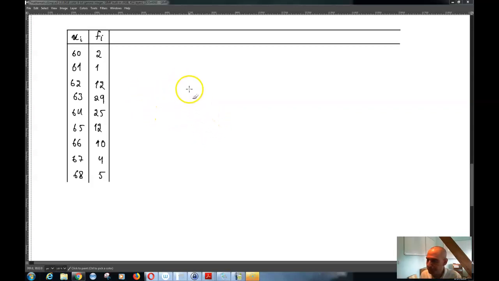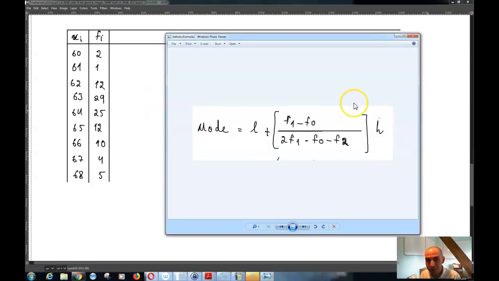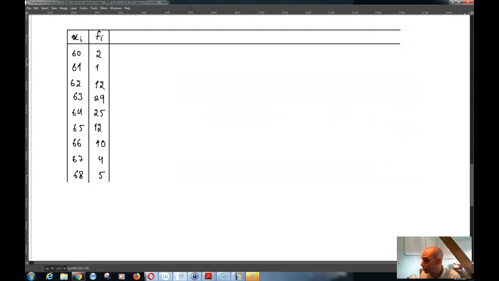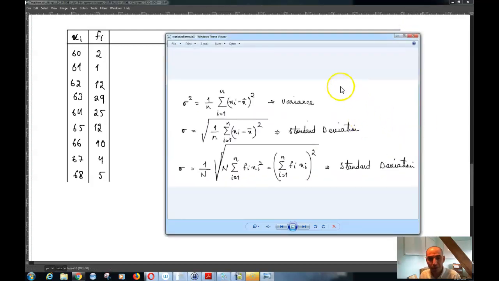For example, supposing you want to find deviation, the deviation, for example, is x sub i minus x bar, right?